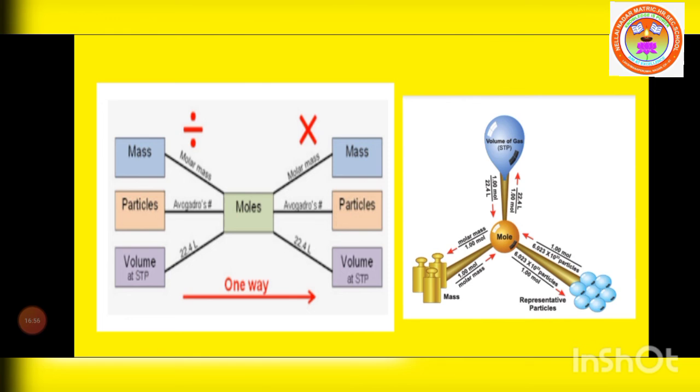Similarly, to convert mole into mass, mole is multiplied by the molar mass. And mole is multiplied by the Avogadro number to convert into particles. And mole is multiplied by 22.4 liter to convert into volume at STP. For example, to convert volume of gas into mole, 1 mole divided by 22.4 liter gives moles.